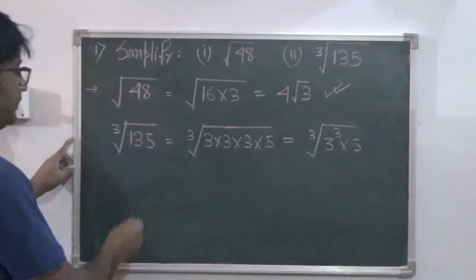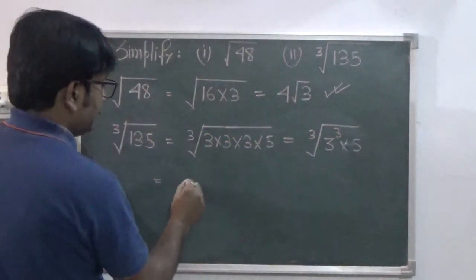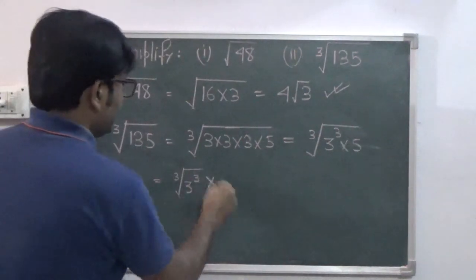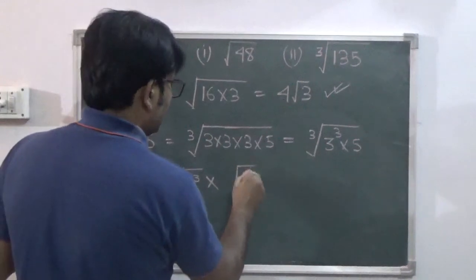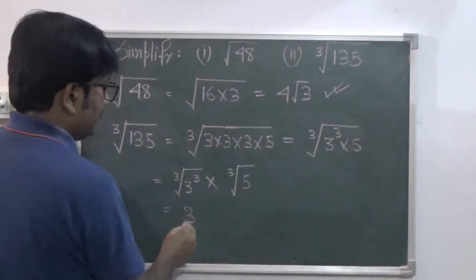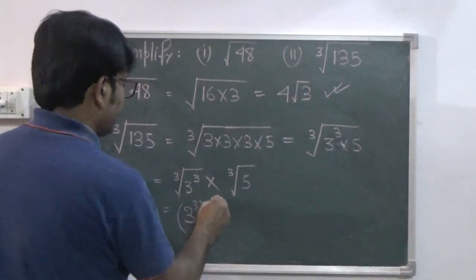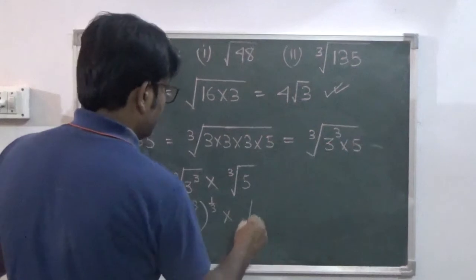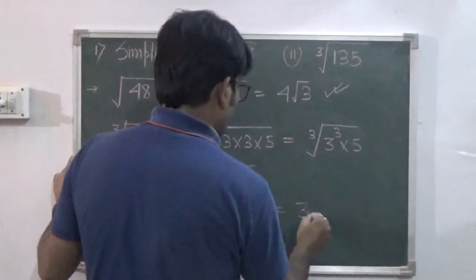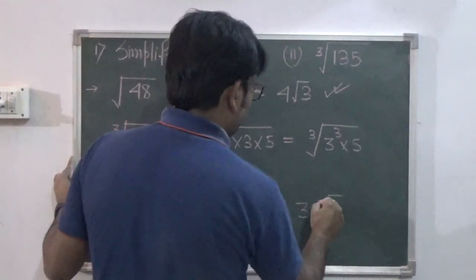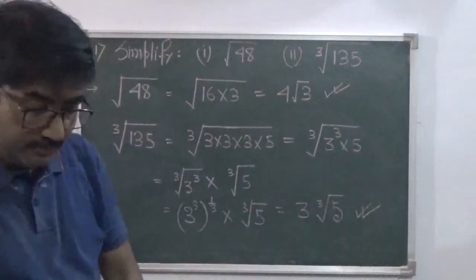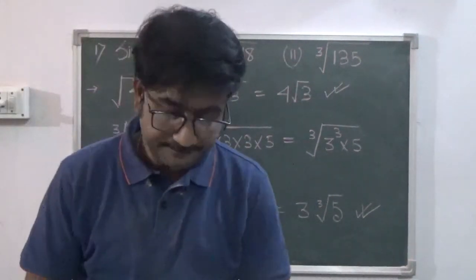We can write it as 3 power 3 inside the cube root into 5, which equals 3 to the power 3 to the power of 1 by 3 into 5. So this is 3 into the cube root of 5 as the final answer.